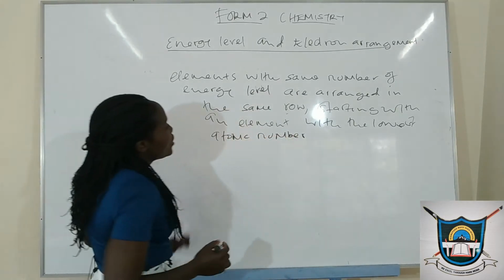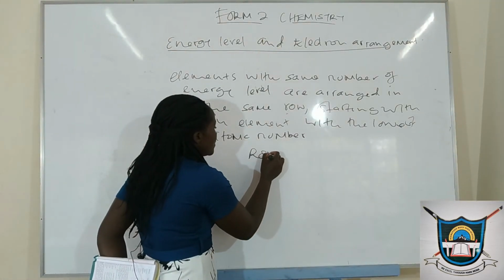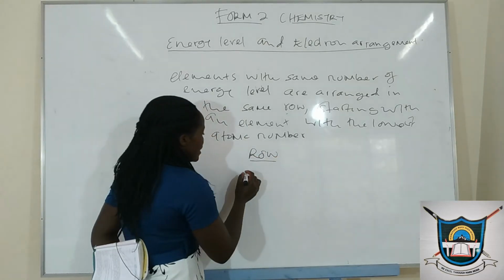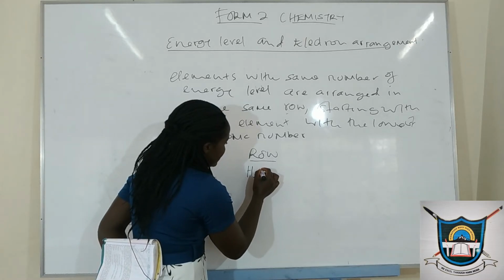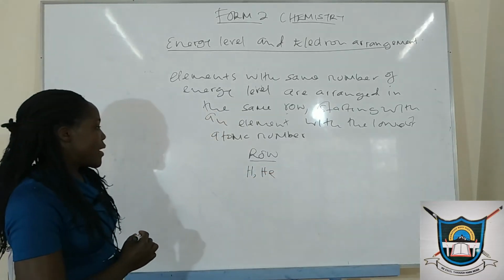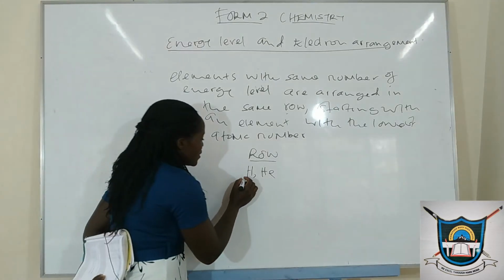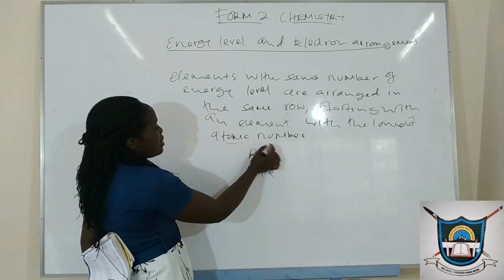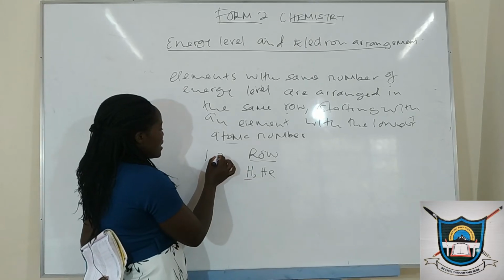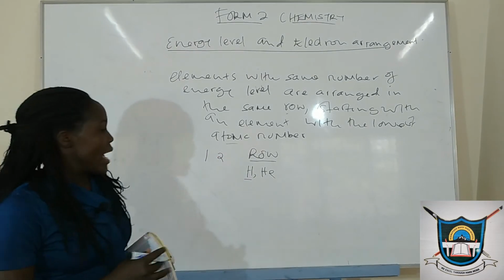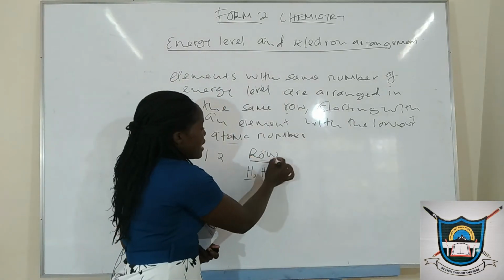For instance, the first row in the periodic table will only have hydrogen and helium. So when arranging these elements in the periodic table, we have to begin with hydrogen because it has the lowest atomic number of 1. Helium has the atomic number of 2. So I want to draw just a simple table to show elements in their rows.